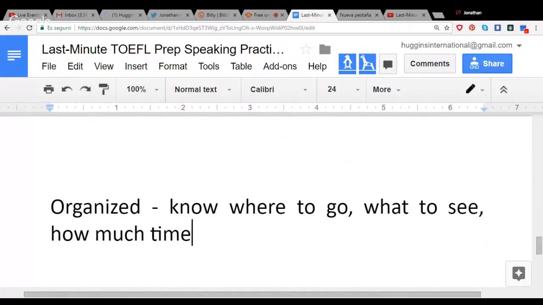And I think a tour guide would be more specialized and able to make an itinerary, choose those places which would be appropriate to get an initial idea of what there is to see and do in that city. And they would also have a good idea of how much time it would take to visit those places. So those are a few reasons why I would prefer to use an organized tour.